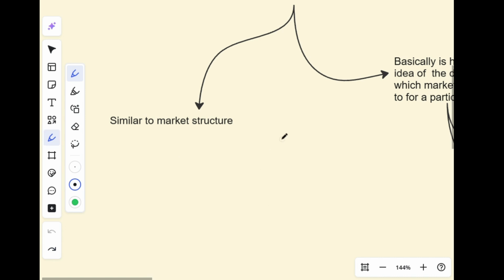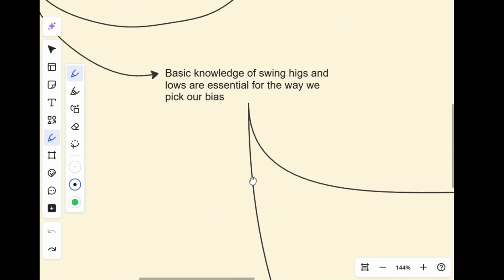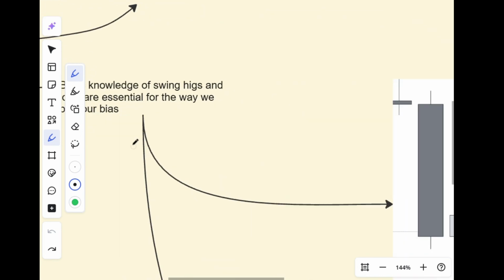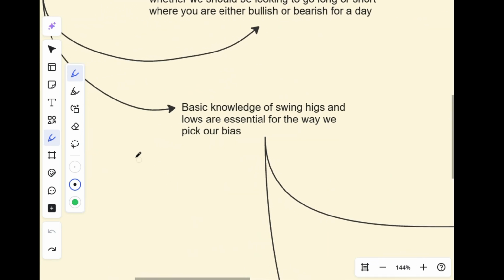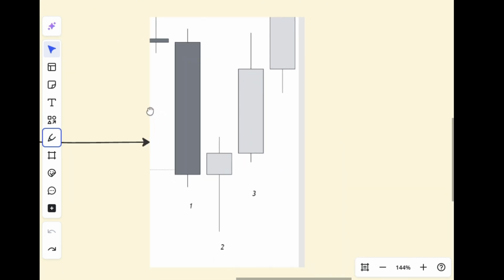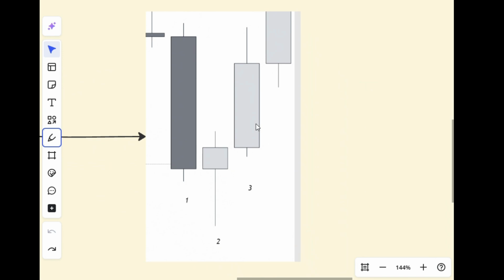As simple as that. So back to swing high and swing low points. I already stated that it's important to have the basic knowledge of them. A swing point is formed by three candles.